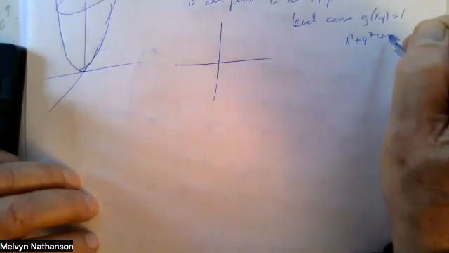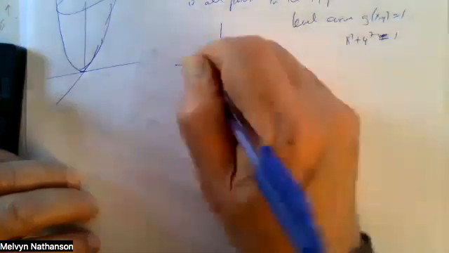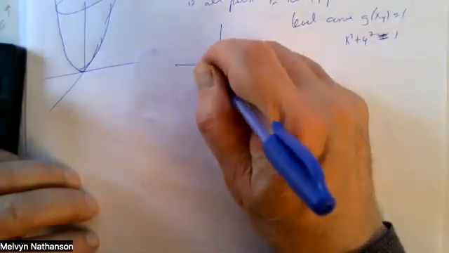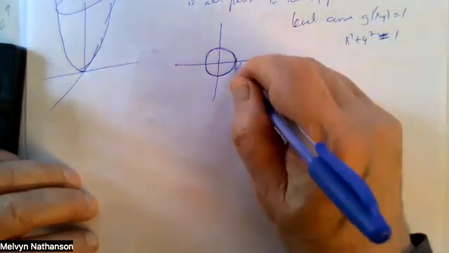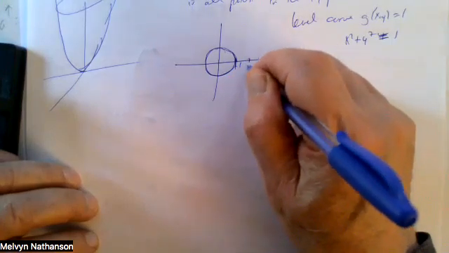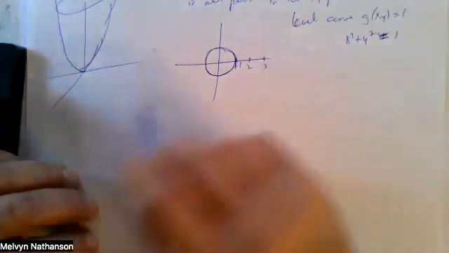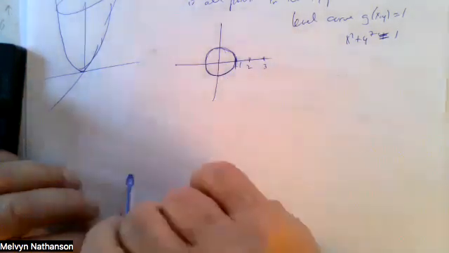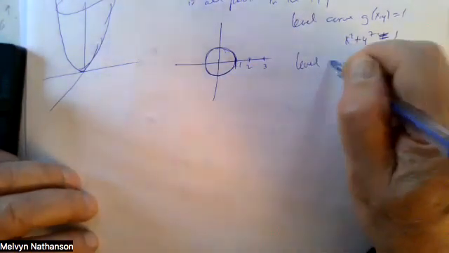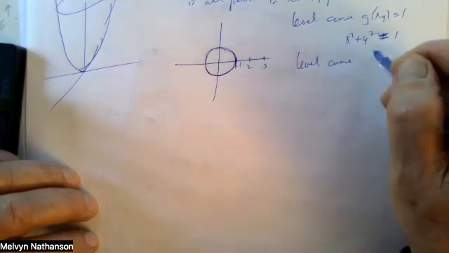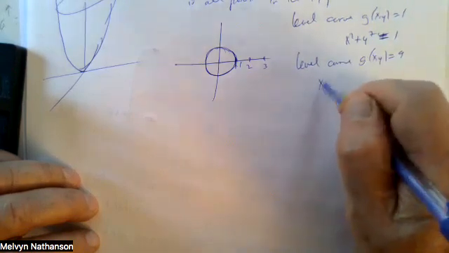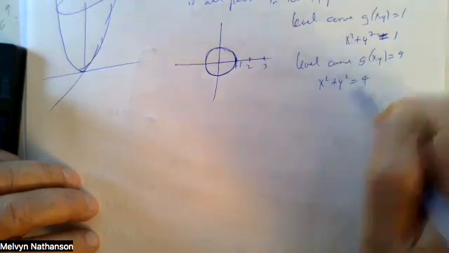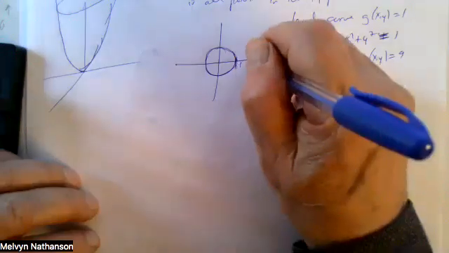That's all points where x squared plus y squared equals 1. It's the circle of radius 1 in the xy plane. These are all the points where g of xy equals 1. What is the level curve g of xy equal 4? So all points where x squared plus y squared equals 4. That's the circle of radius 2.